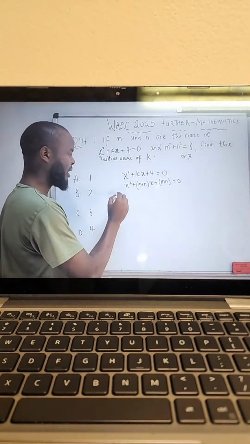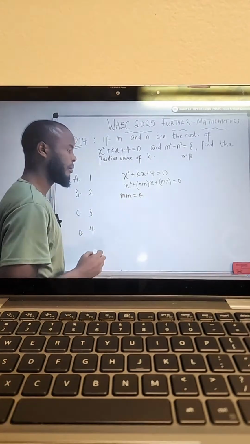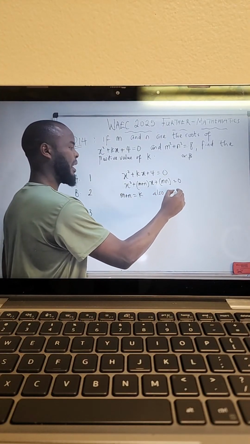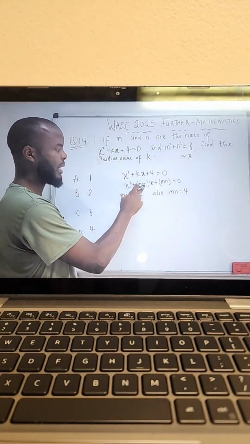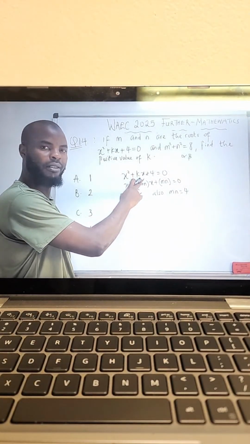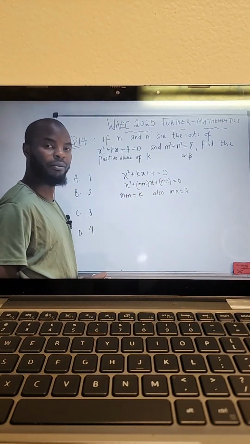Now, from here, you can see that your m plus n is the same thing as k. Also, our mn is the constant, which is 4. So the addition of the roots is going to be the coefficient of the variable x. And the product of the root is going to be the same thing as the constant term. Okay.